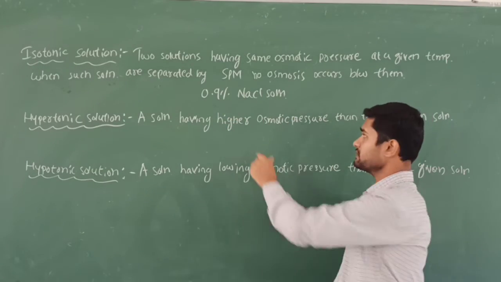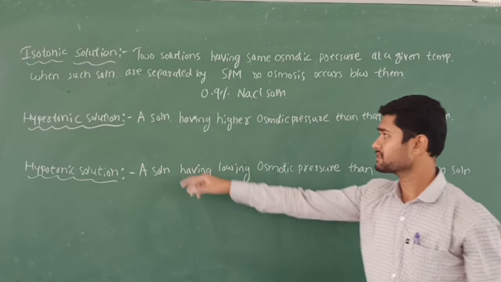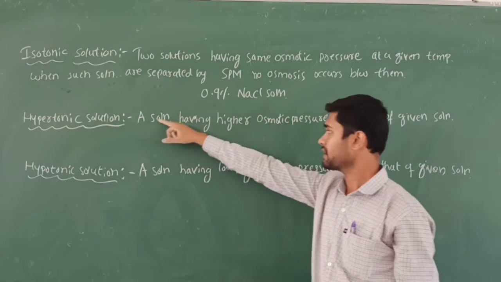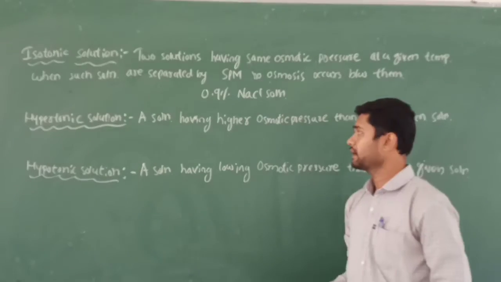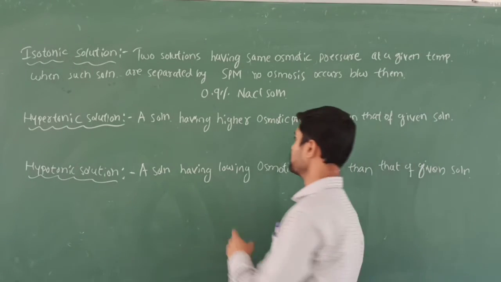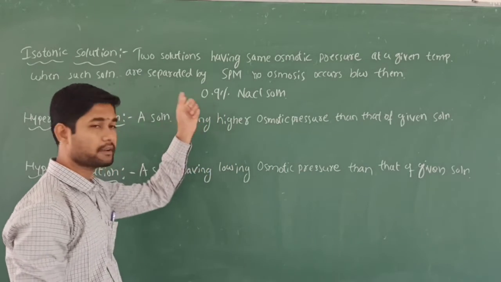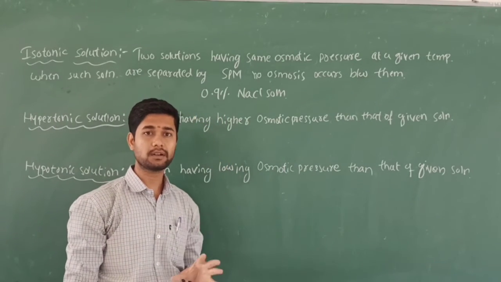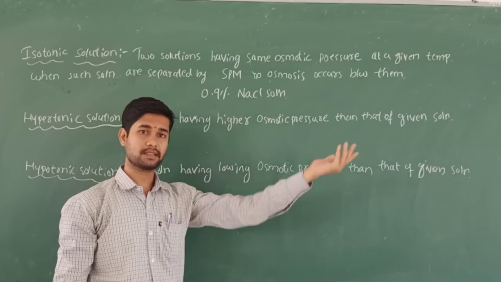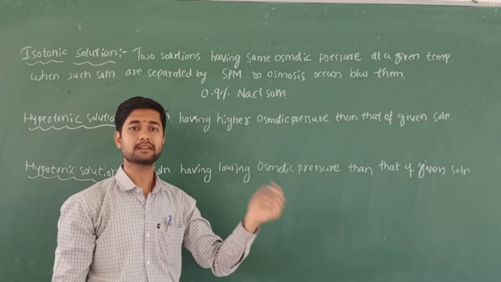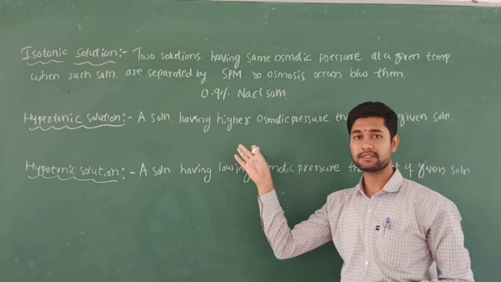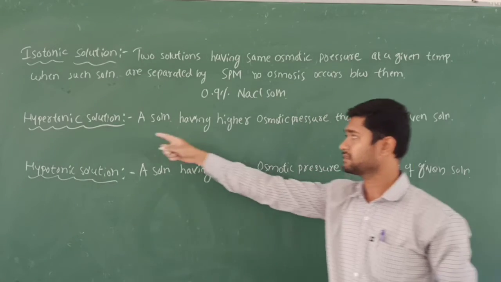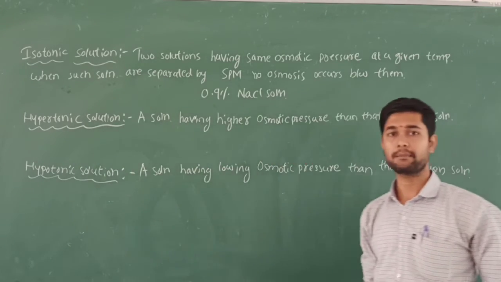Suppose the concentration is more than 0.9%. That is called a hypertonic solution: a solution having a higher osmotic pressure than that of the given solution. Water will flow out of the cells, and they will shrink. Higher means we use the word hypertonic.